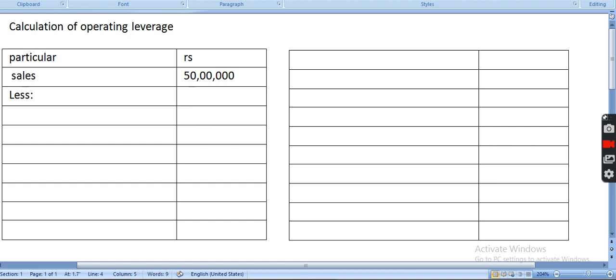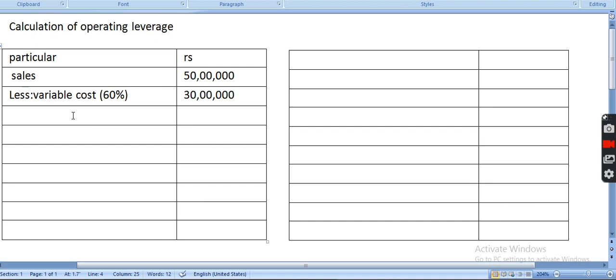Less variable cost, that is 30 lakh rupees. Here variable cost is given 60%, so sales is 50 lakhs, and 60% of 50 lakhs is 30 lakh rupees.